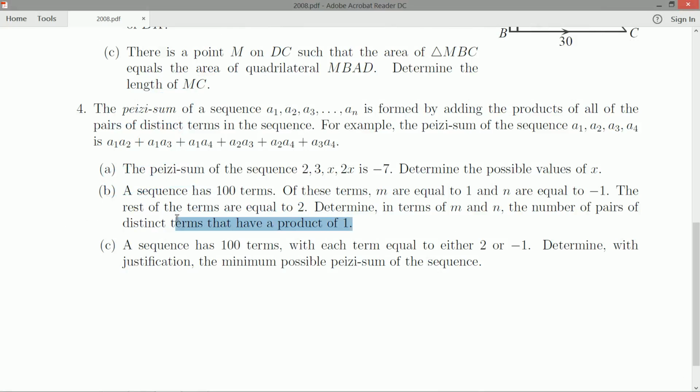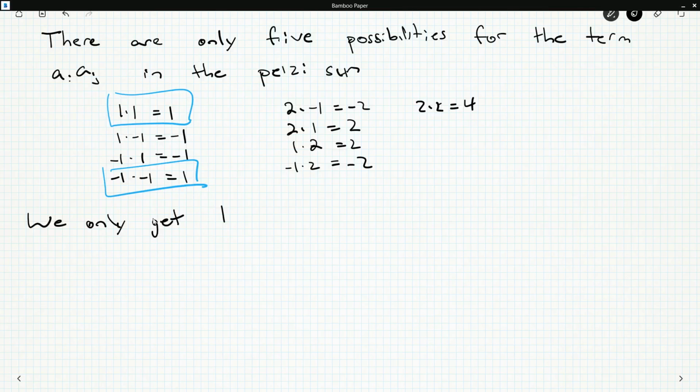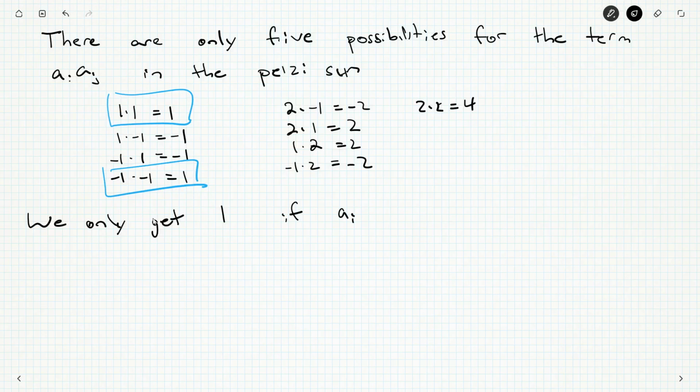The number of pairs of distinct terms that have a product of 1. Okay, just 1. So we only get 1 if a_i is equal to a_j, which is equal to 1, or a_i equals a_j equals negative 1. Okay. So how many pairs are there that give us 1?